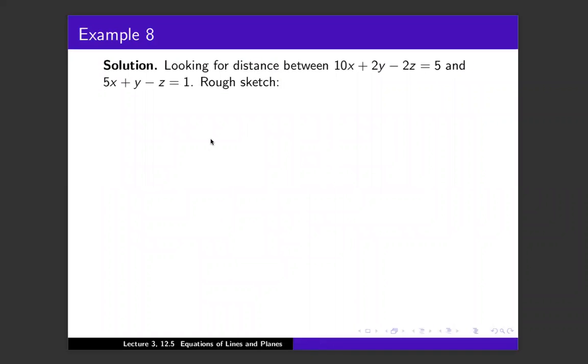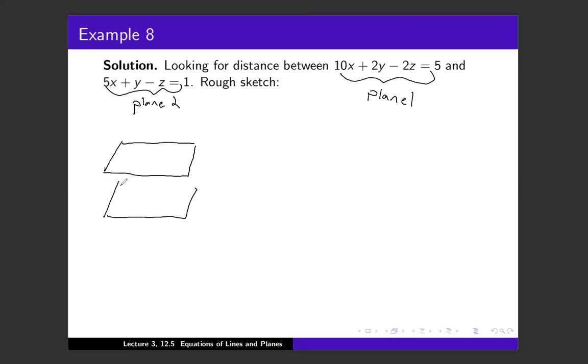Let's look for the distance between 10x plus 2y minus 2z equals 5 and 5x plus y minus z equals 1. So let's just give a rough idea of what this looks like. Here we'll have this be plane 1, and this will be plane 2.